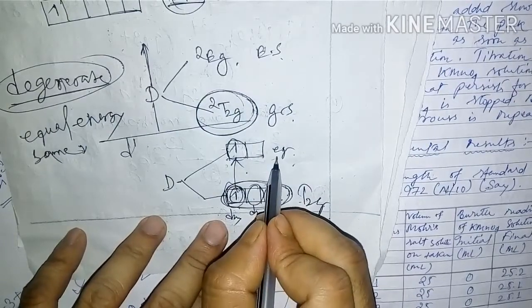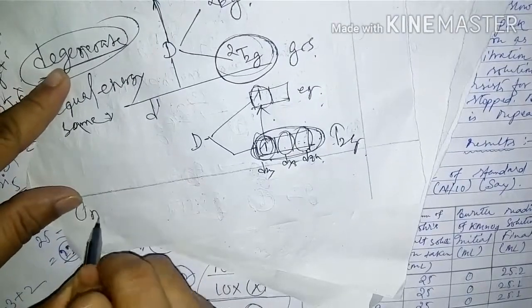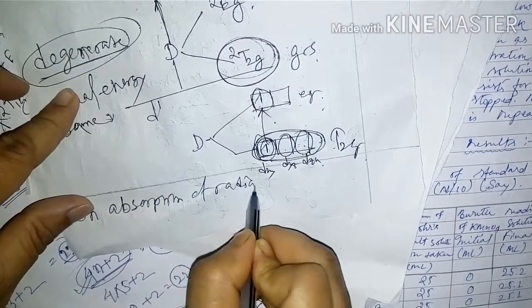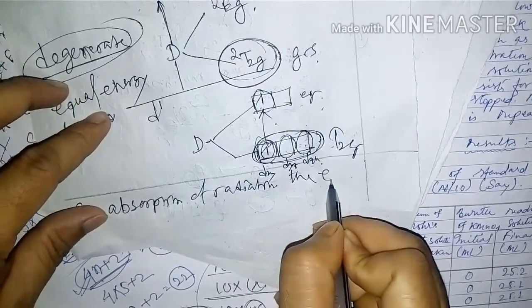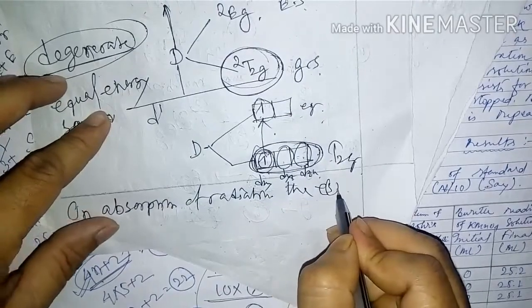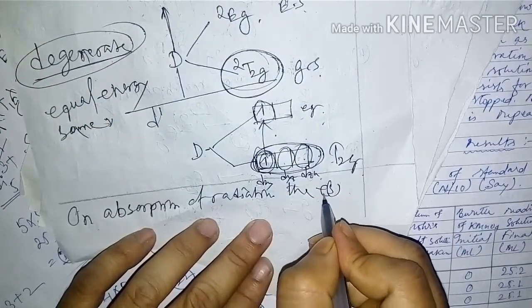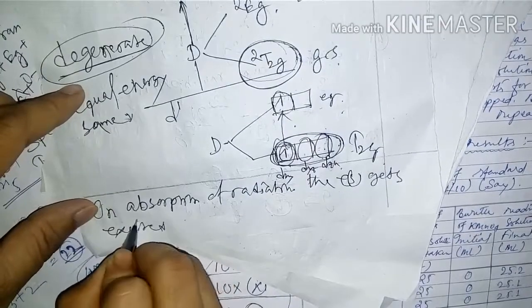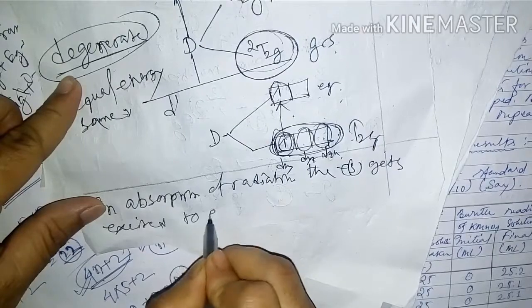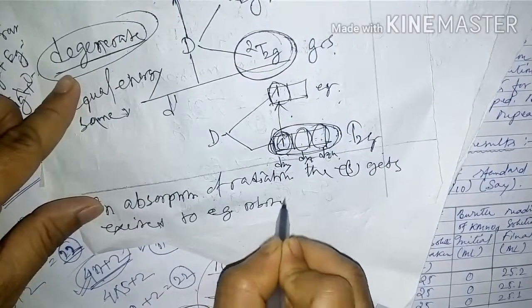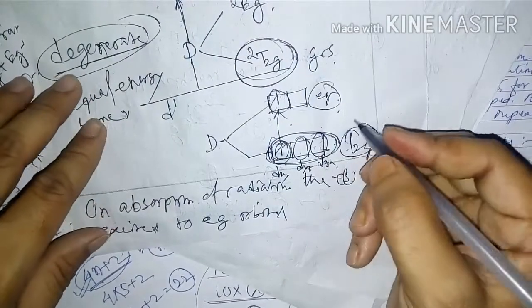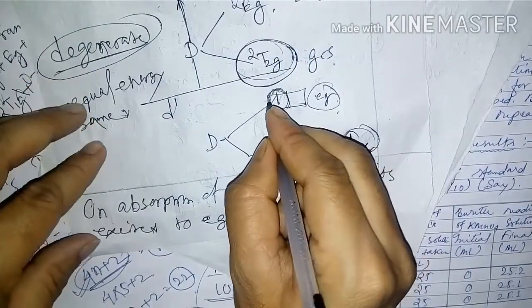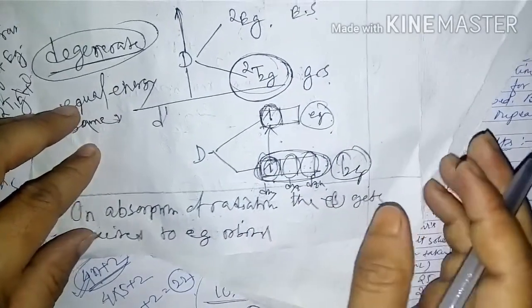So on absorption of radiation, the electron gets excited from the t2g orbital to the eg orbital.